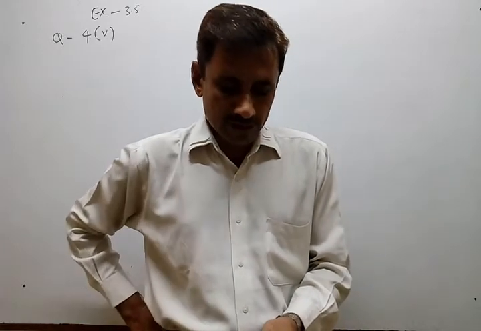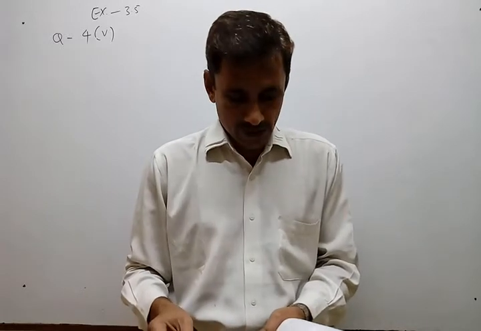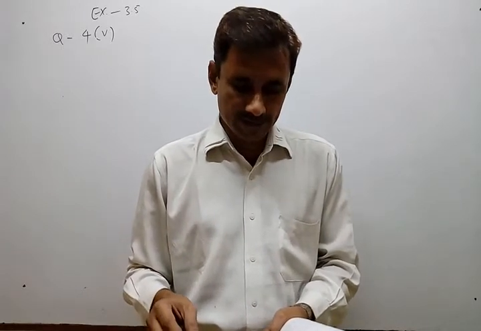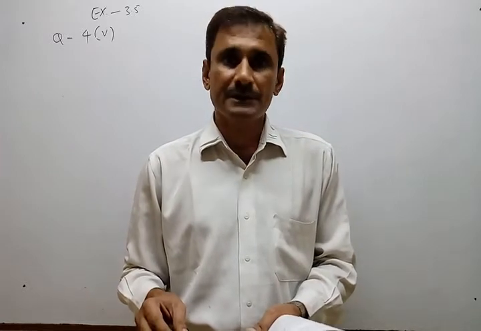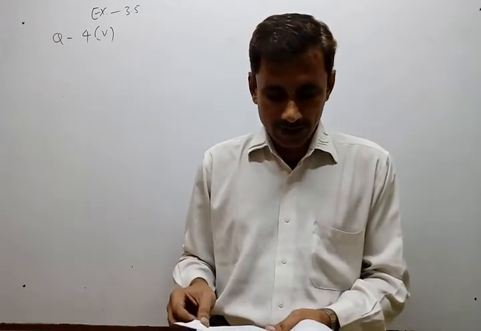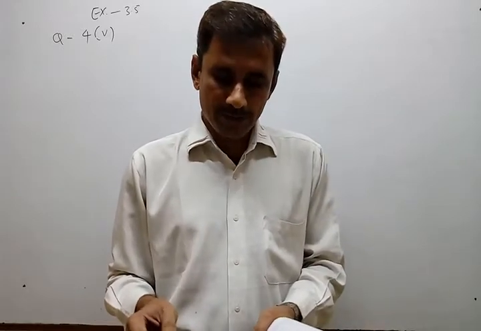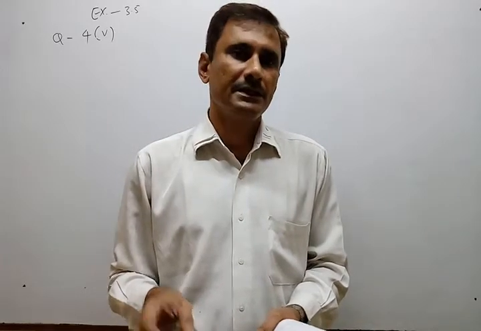Now question number 5 is also different from the remaining sums, because for the first time you are going to observe this type of sum. Look carefully, read and try to understand. The area of a rectangle gets reduced by 9 square units if its length is reduced by 5 and breadth is increased by 3.